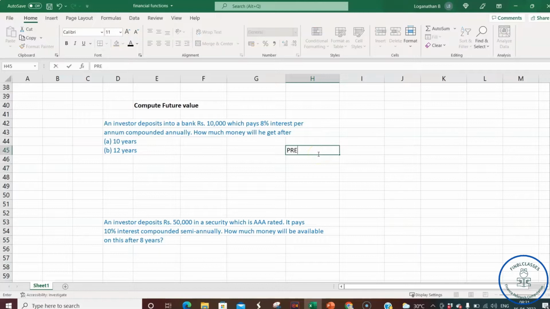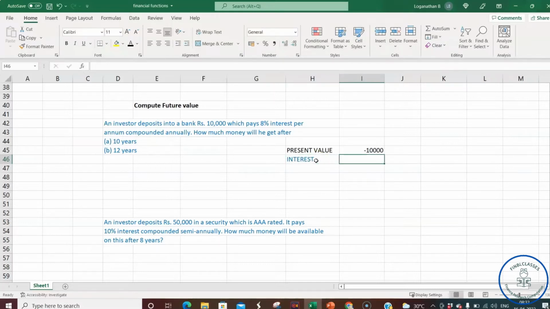So present value that they have given us, which is the investor has deposited 10,000. I put it as minus 10,000. Then we require the interest rate that they have given us, 8%.